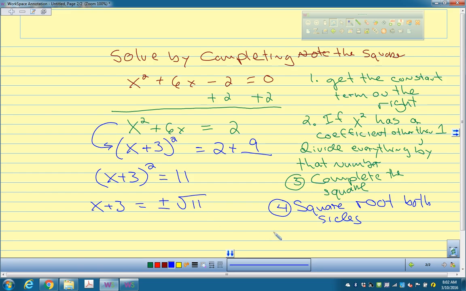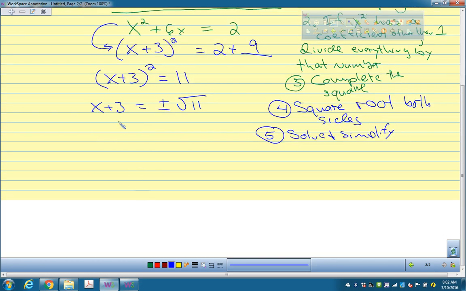And then I solve. Solve and simplify, meaning get x by itself. So what would I do to get x by itself? Minus 3 from both sides. So then I take away 3.